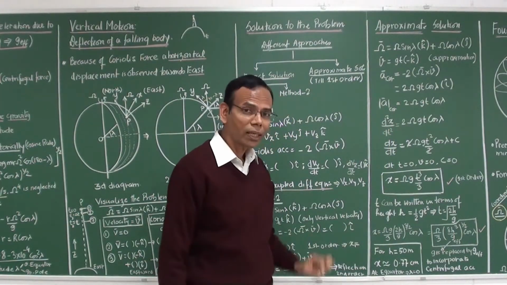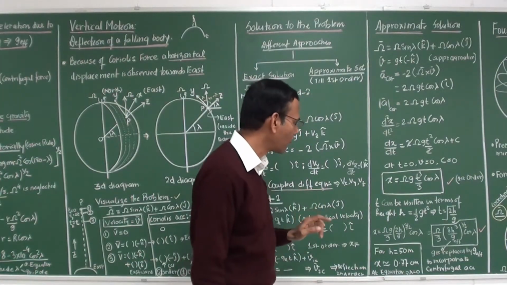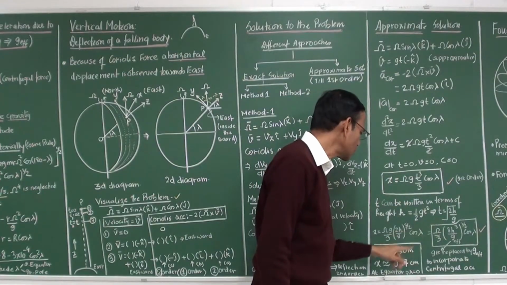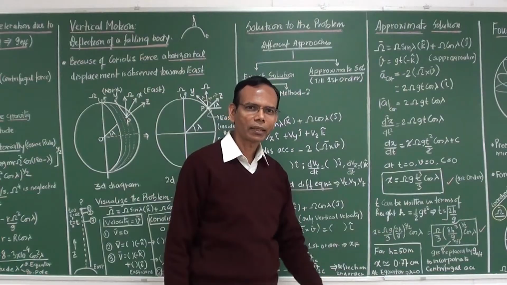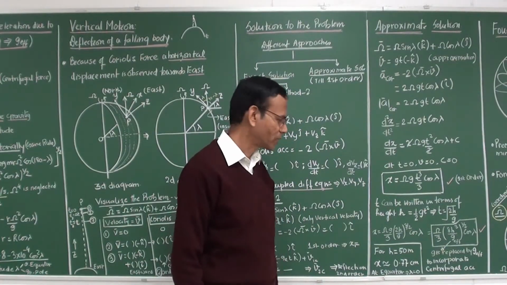Now, we are interested in the number game. If h is equal to 50 meters, that is, from 50 meters I am dropping an object, how much will be the eastward deflection?